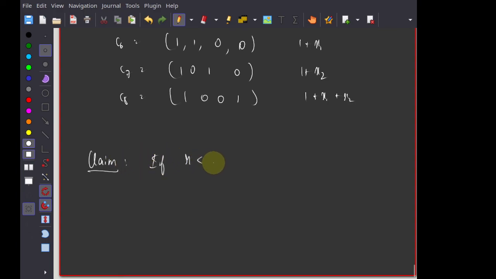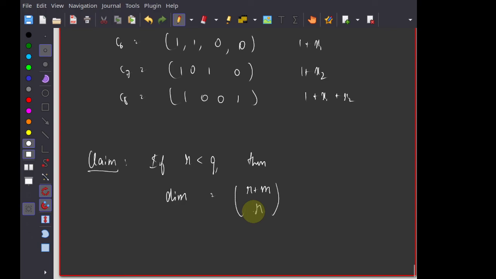If r is less than q, then the claim is that the dimension of the code is exactly equal to r plus m choose m.